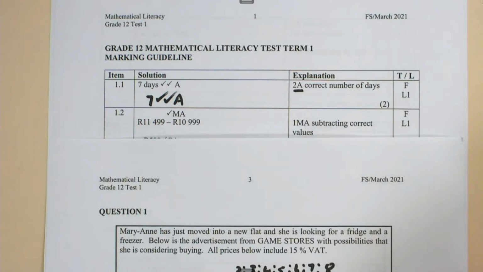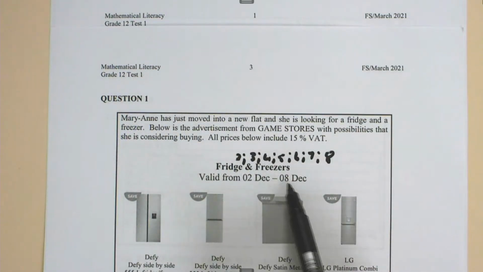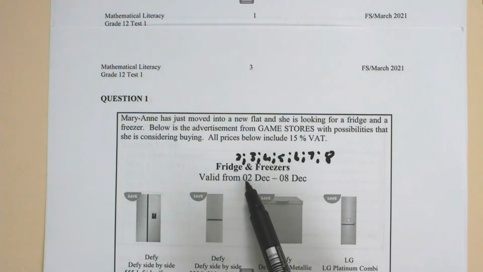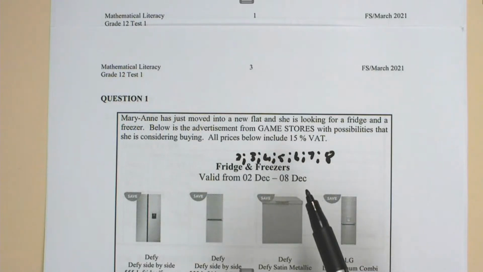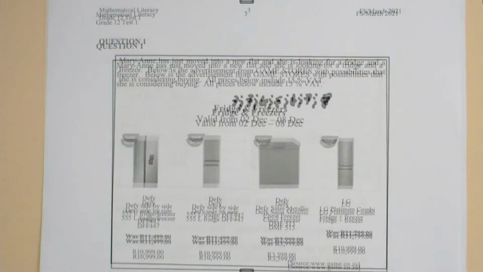It means if a learner said, for example, in his mind 8 minus 2 and he got 6 days, then that 6 will not be accepted as an answer. The idea is that learners must know that in the case of the advertisement, it is valid on this day of the 2nd and on this day of the 8th and all of the days in between. I hope that is clear. The only correct answer there will be 7 days.